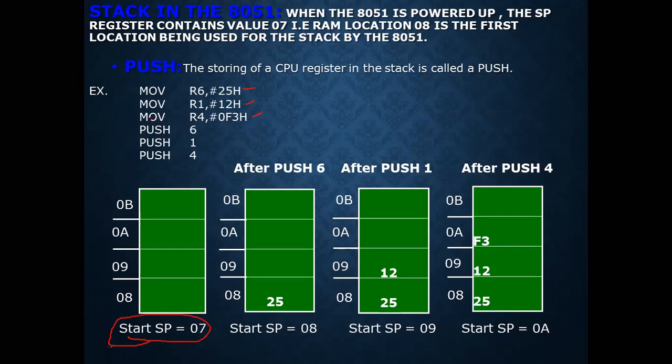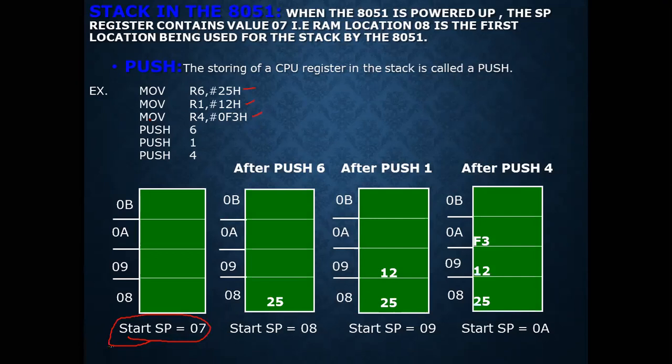You remember the flag register has two bits, RS0 and RS1, which select the register banks. Since no initialization has been done, by default bank 0 is selected.